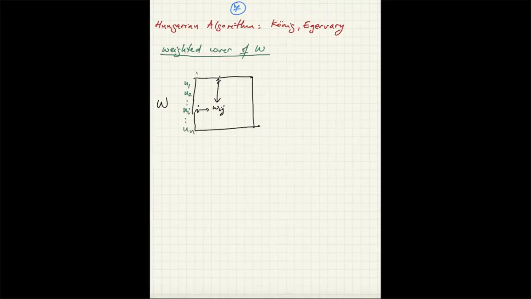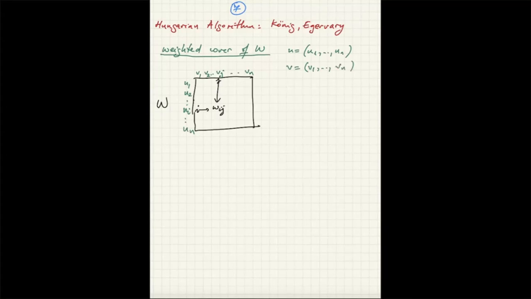And similarly, for each column, we'll have one number: v1, v2, vj, all the way up to vn. So let's say u consists of all these numbers u1 up to un, and v consists of the numbers v1 up to vn.